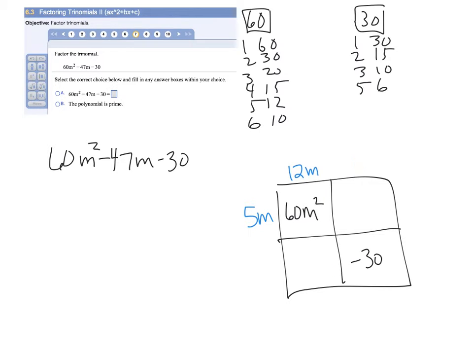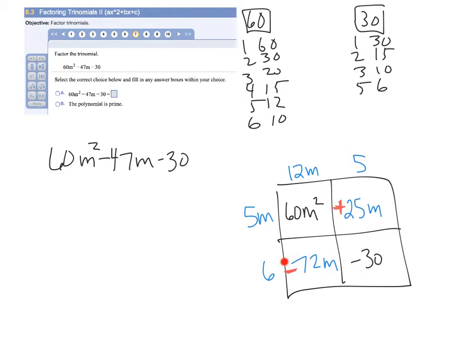So let's swap the 5 and the 6. Let's try that. So this gives me 25m and 72m. And lo and behold, oh my goodness, well, I got lucky here. This is just pure luck. Because I can see that if this is a negative 72 and this is a positive 25, I can see that 72 minus 25 is 47.